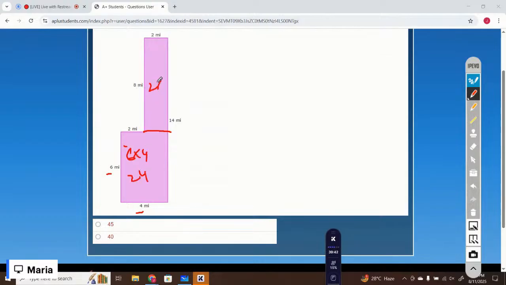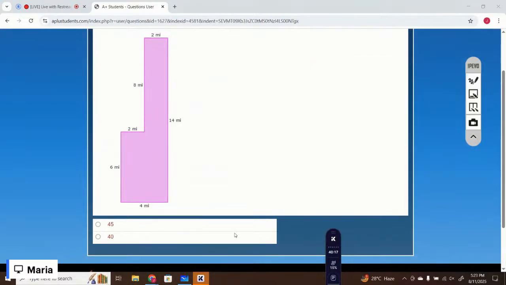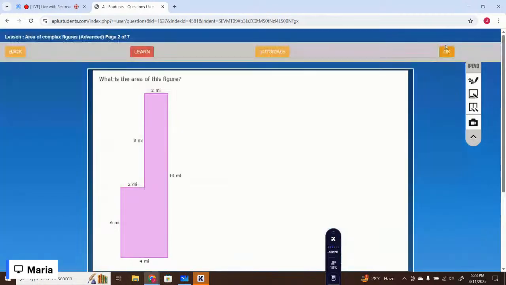So 2 times 8, 16. 24 plus 16 equals, that is 40. Option number 40. Option number 2 is the correct option, 40.